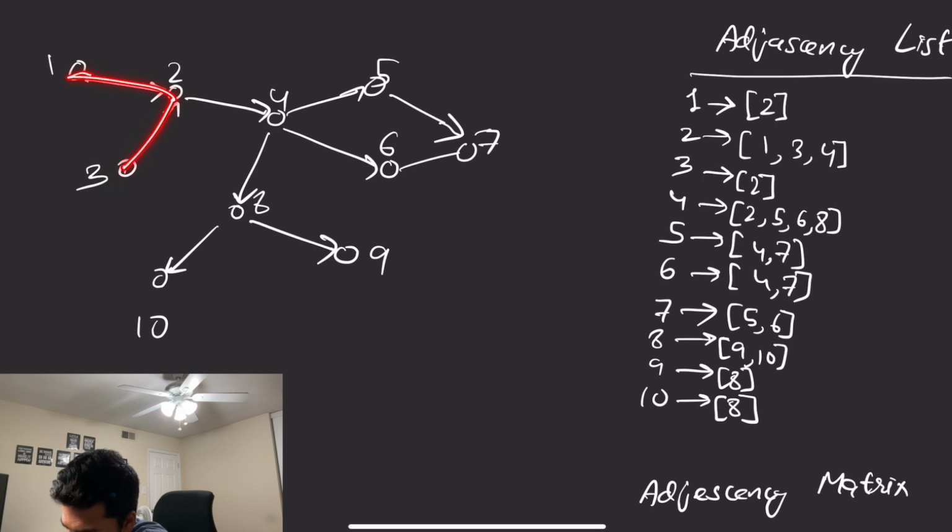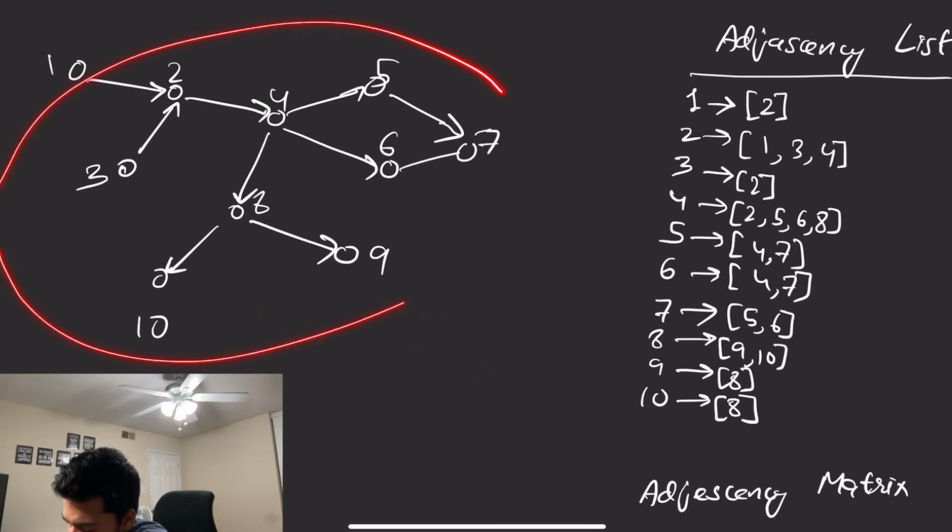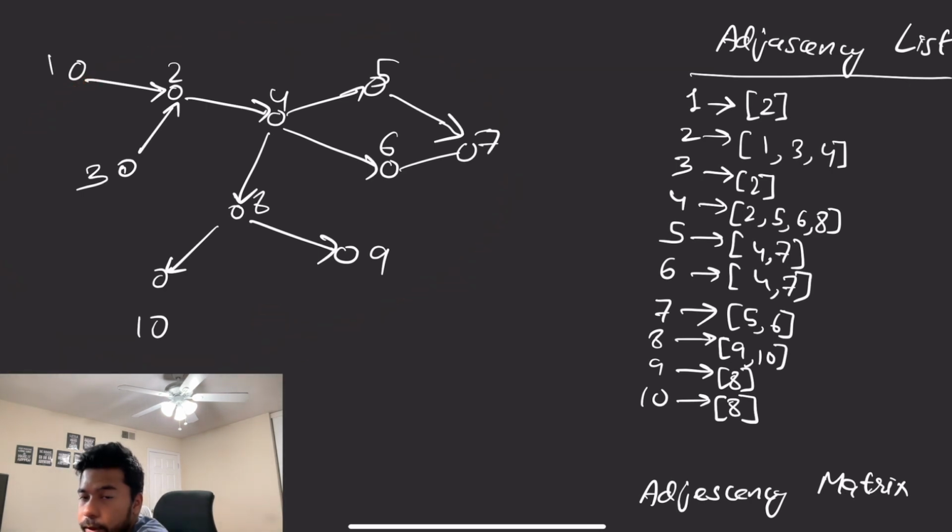You can't really reach 3, right? So what I've done right now is called a directed graph, right? Because you have directions in the graph. It's pretty simple. The edges of the graph have directions on them, right?